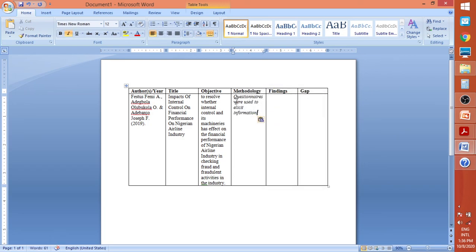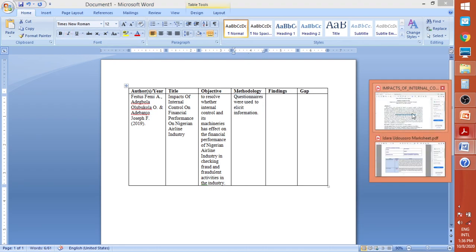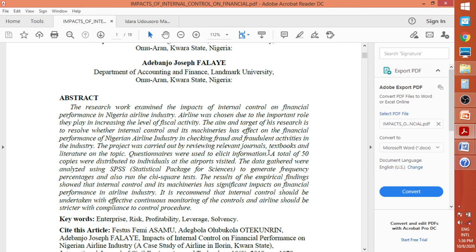After pasting that here, the next thing is I would like to tell you how this information or data that was collected was analyzed. So I'll get back to the article, still on the abstract. So we're looking at how the data was analyzed. They are saying here now that a total of 50 copies of the questionnaire were distributed to individuals, that's what we're looking for. So the data gathered were analyzed using SPSS.